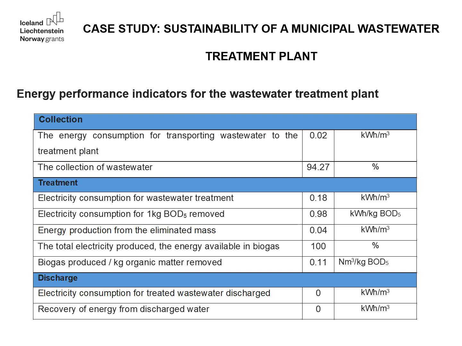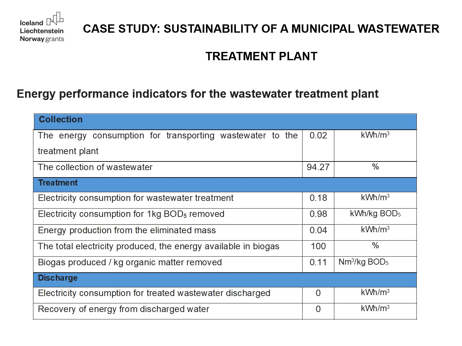Some of the important indicators that can be mentioned here are the energy consumption for transporting wastewater to the treatment plants, 0.02 kWh per cubic meter, the electricity consumption for wastewater treatment, 0.18 kWh per cubic meter, and the electricity consumption for 1 kg of organic matter expressed by biological oxygen demand removed. We have this indicator, 0.98 kWh per kilogram of organic matter removed.